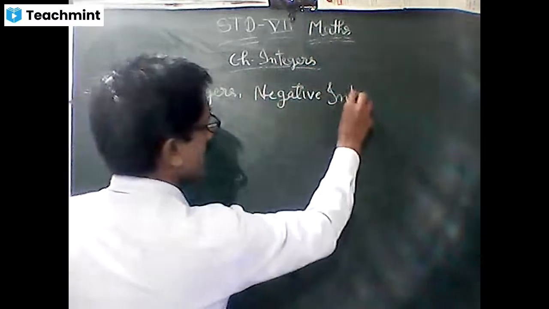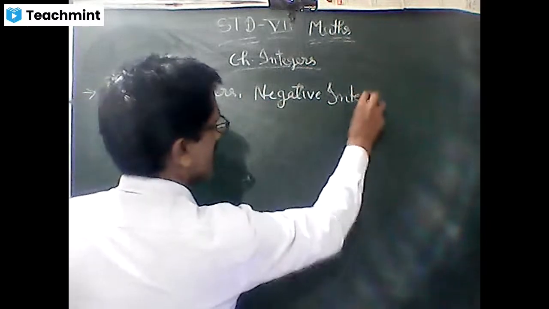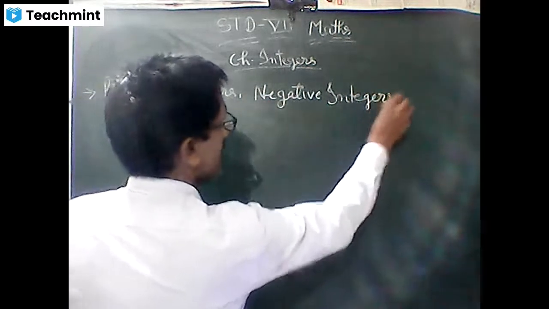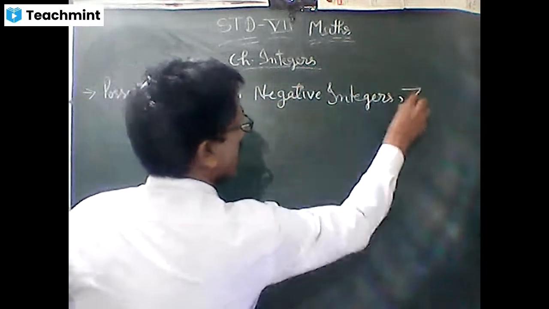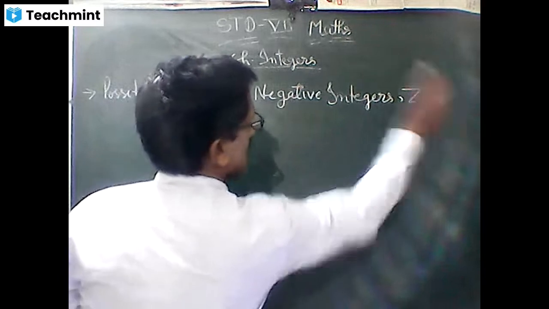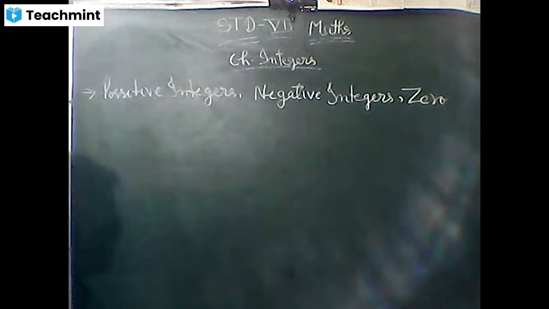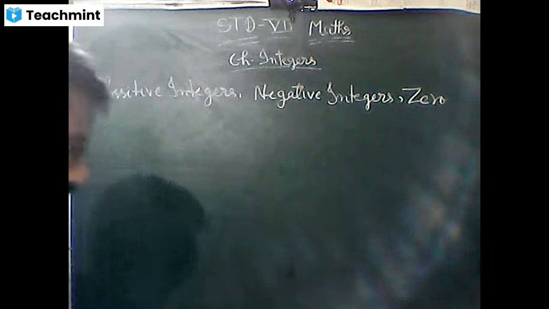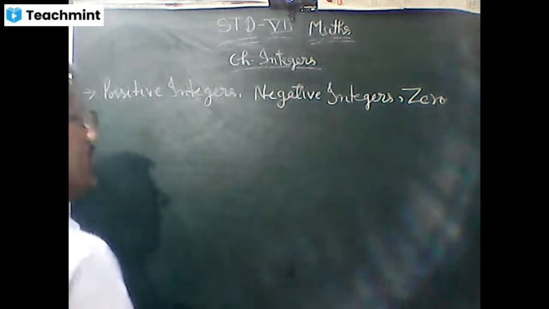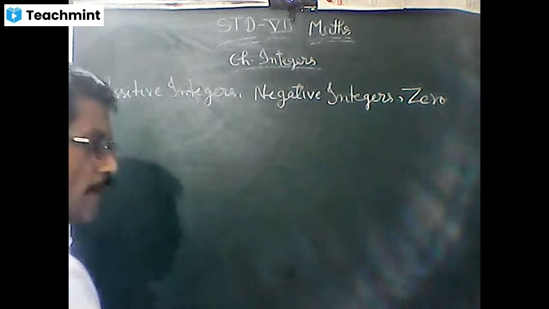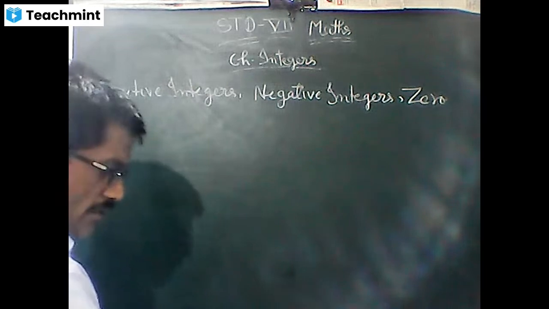Zero is also an integer, that is, no negative and no positive. But zero is an integer, but it is neither counted in positive integers nor in negative integers.